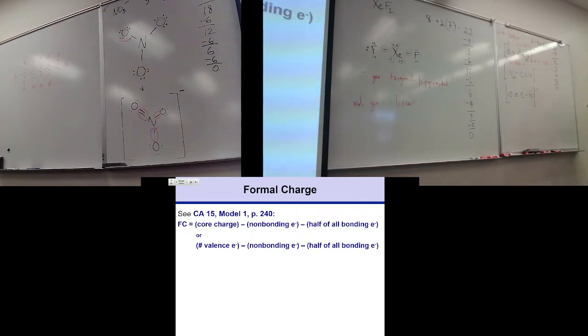And then finally, this one down here. This one's a little bit crazier. Let's do the nitrogen first. 5 valence electrons minus 6 lone pair electrons minus half the number of bonding electrons.